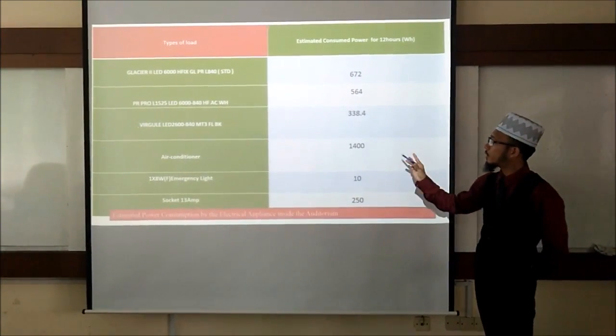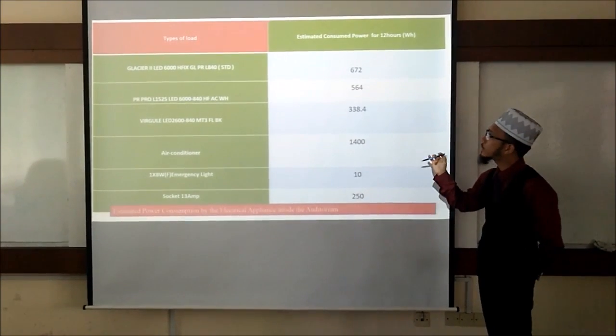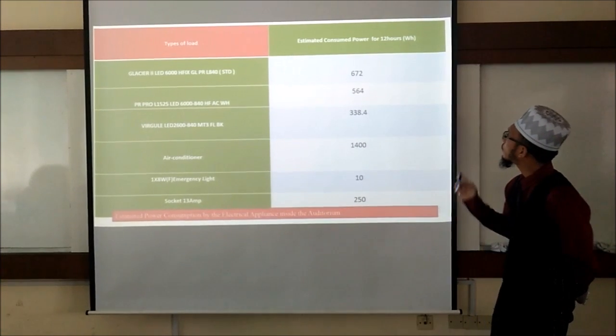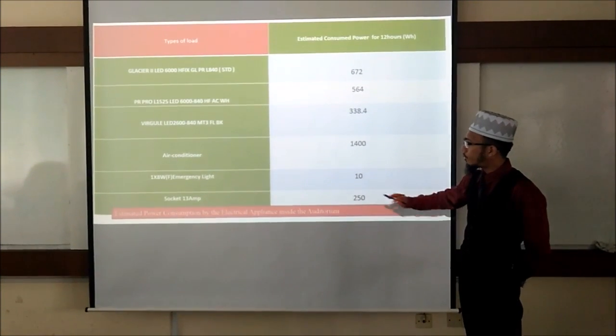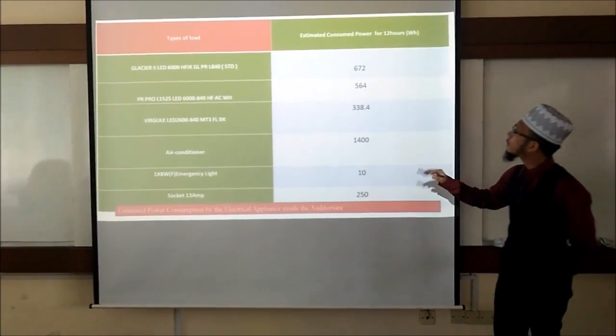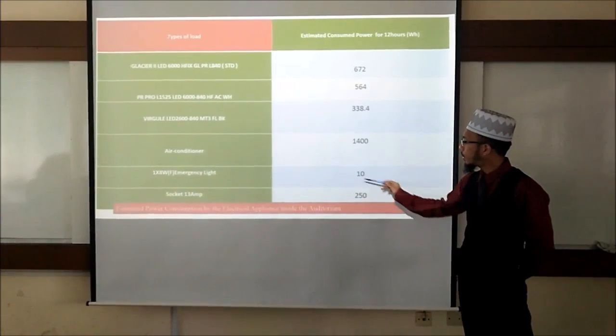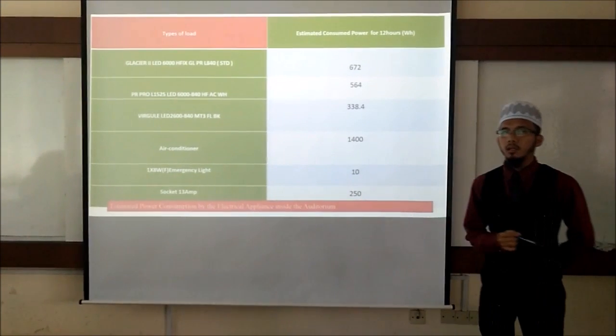And then our air conditioner is quite high because it consumes around 1400 watt hour, and our emergency lights only 10 watt hour, and lastly our 13 amp socket consumes around 250 watt hour.